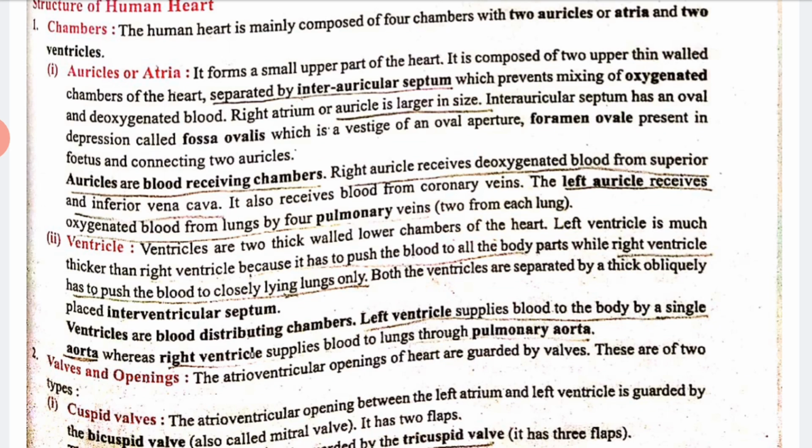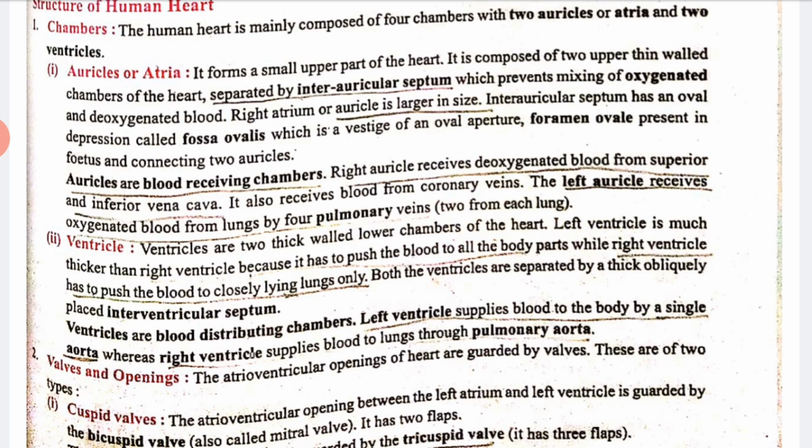Okay, so it has two flaps. The right atrioventricular opening is guarded by the tricuspid valve, has 3 flaps, and next we have semilunar valves. Semilunar valves means these are half moon shaped flaps arising from the base of the pulmonary trunk and aorta.